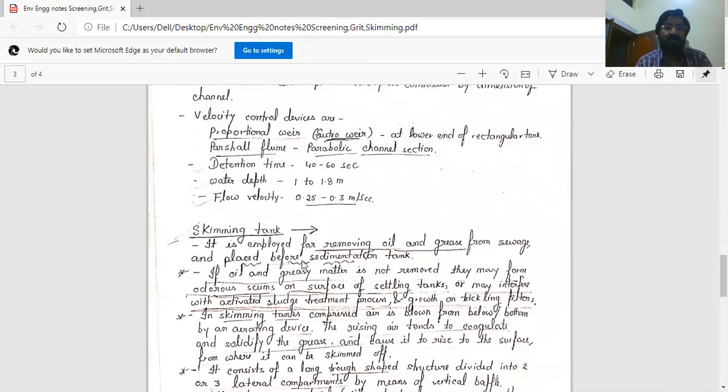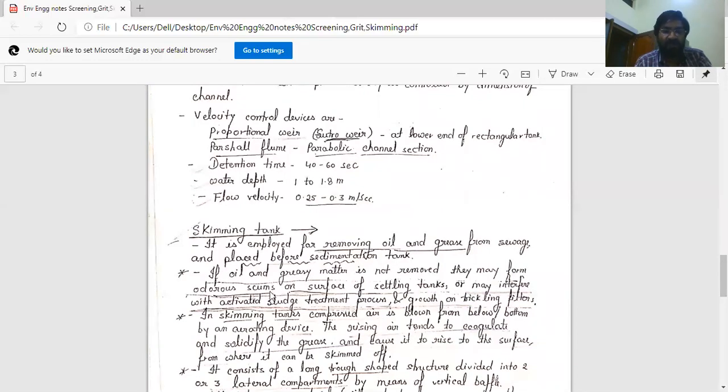Now, the third unit in the operation of preliminary treatment of wastewater is skimming tank. Skimming tank is not present in water treatment, but skimming tank is present in wastewater treatment. It is employed for removing oil and grease from sewage and placed before sedimentation tank.